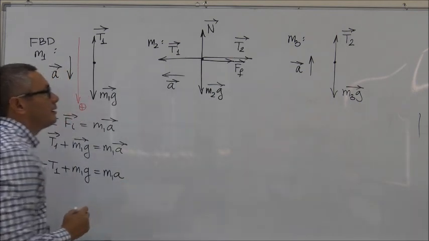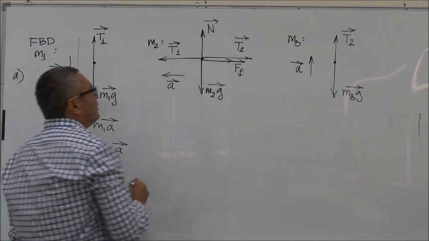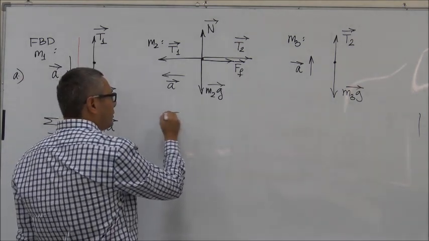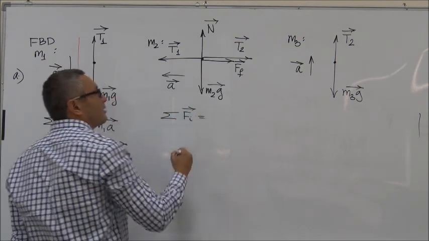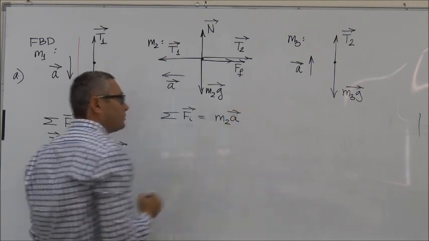Now let's look at mass m2. Again, we can write Newton's second law. Sum of all forces is equal to mass m2 times the acceleration.